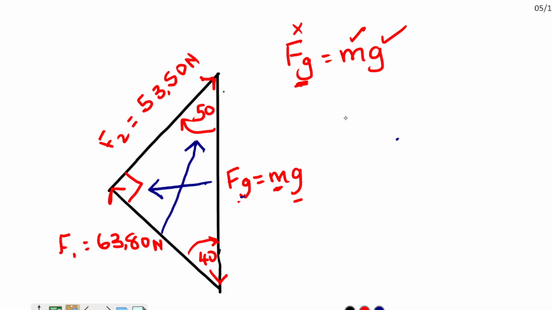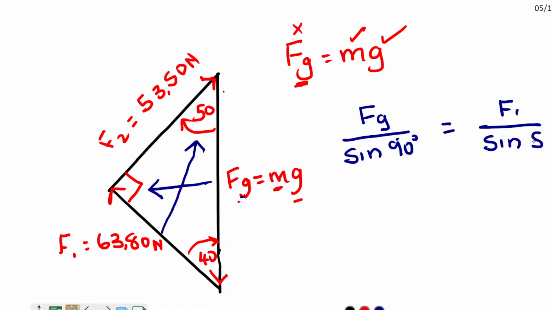So the side which is FG is looking at this angle, which is 90 degrees, and the side which is F1 is looking at this angle, which is 50 degrees. You can either take this one, which is side 2, which is looking at this angle, which is 40 degrees. But I want to take F1, which is looking at 50 degrees.